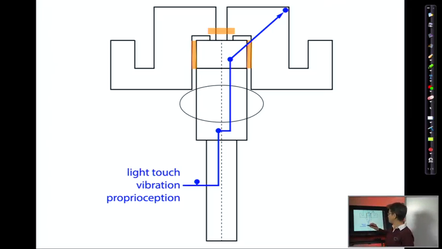The information comes into the central nervous system, and it travels up. It eventually crosses in the caudal part of the hindbrain. It then has a synapse. These dots here are places where there's a synapse onto another neuron. It's synapsing in the thalamus.